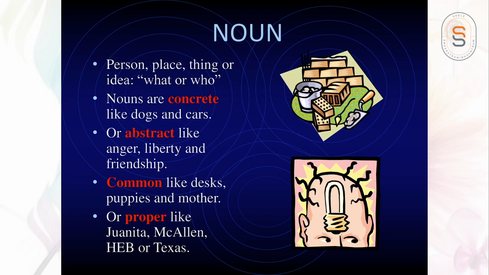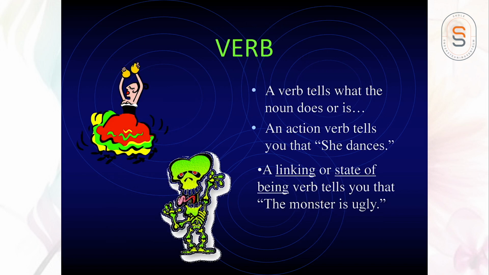So let's recap quickly. A noun is a person, a place, a thing, or an idea. Nouns are concrete like dogs and cars, or abstract like anger, liberty, and friendship. Can be common like desks, puppies, and mother, or proper like Juanita McCallan or Texas. Right, that's nouns in a nutshell. Then a verb tells what the noun does or is.